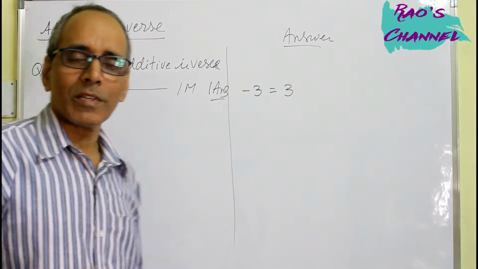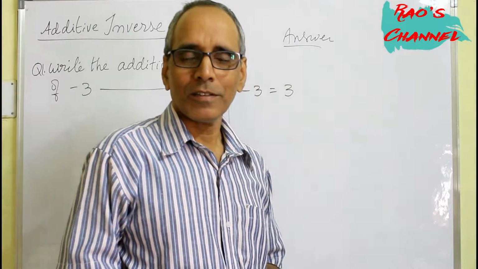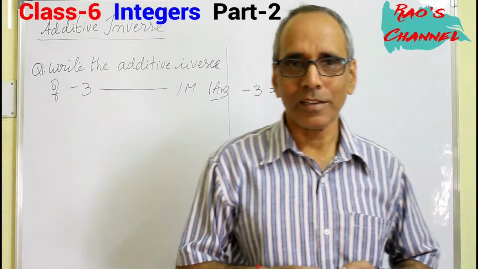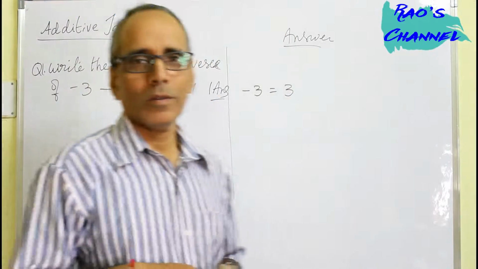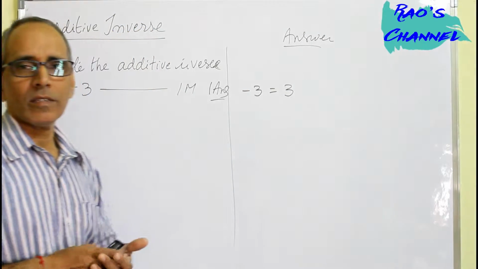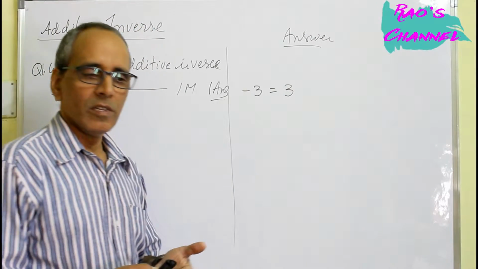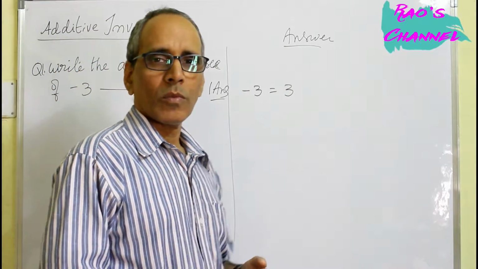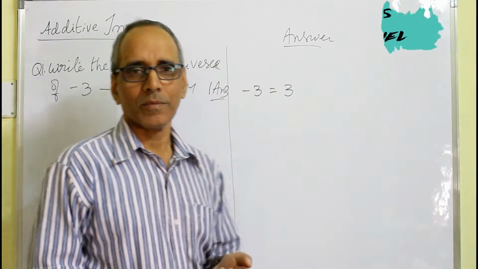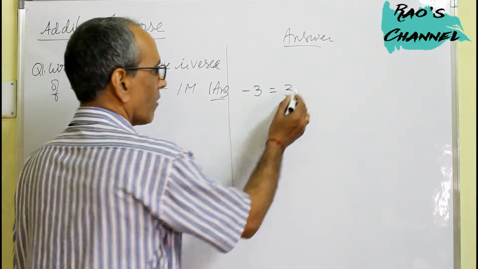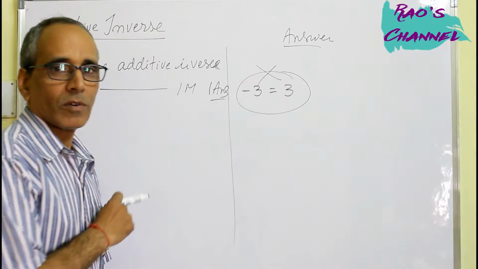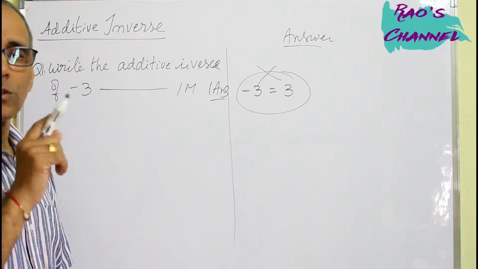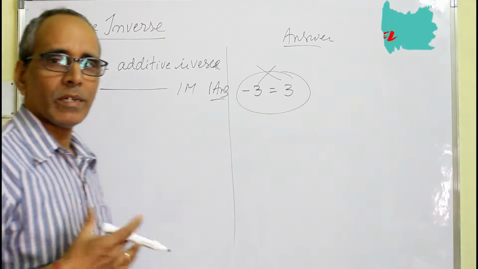How does negative 3 become equal to plus 3? Any proof? No. Minus 3 is equal to minus 3, plus 3 is equal to plus 3, 0 is equal to 0. How is minus 3 equal to plus 3? So this is the wrong way of presentation. It costs 1 mark. Though you know the answer, no one admits this is the answer.